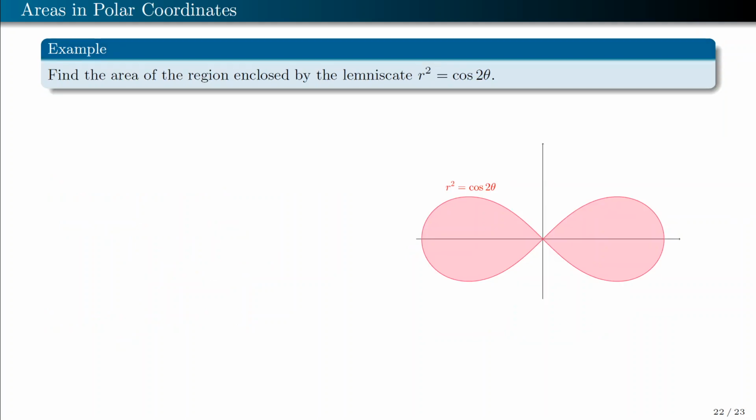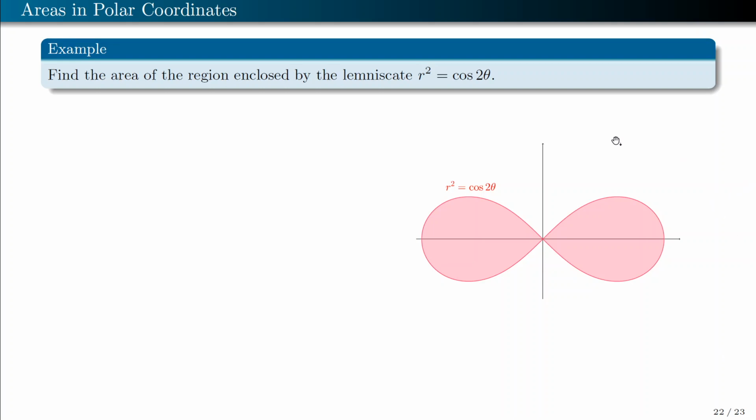As an example, let's find the area of the region enclosed by this lemniscate r squared equals cosine 2 theta. So, this is the graph of r squared equals cosine 2 theta. It's one of the special curves in polar coordinates.